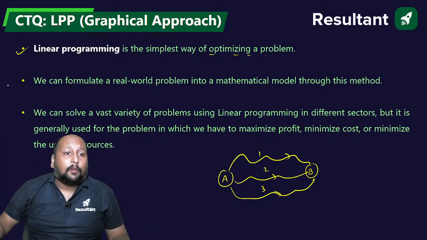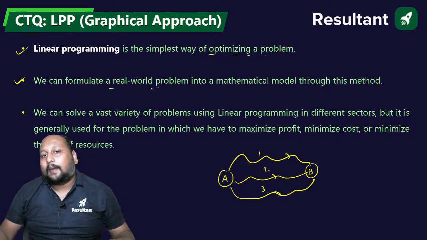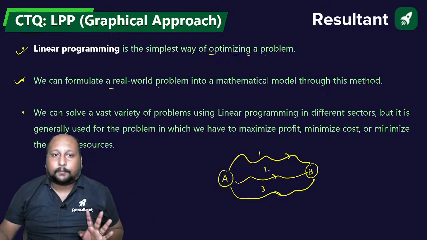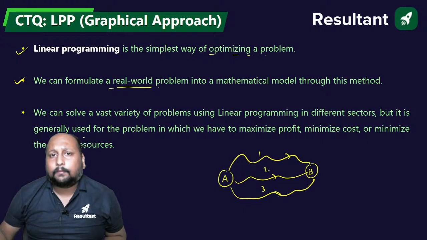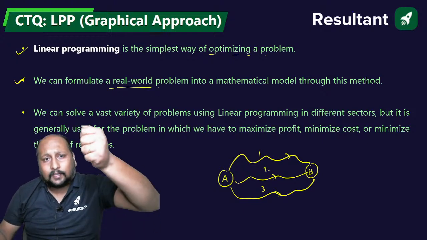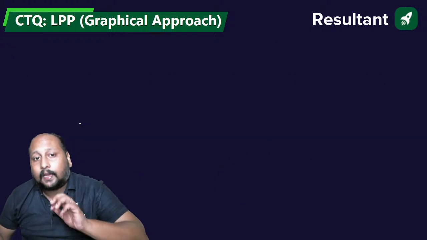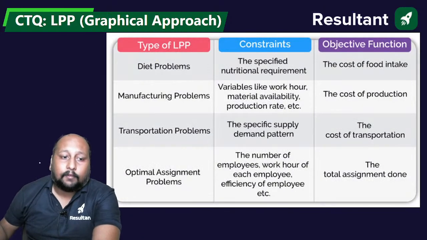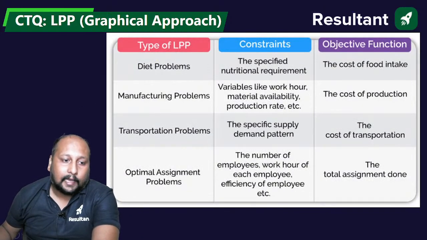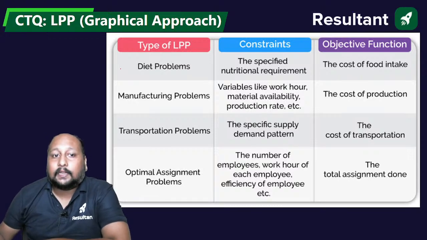Okay, chalo. We can formulate a real world problem into a mathematical model by using this method. What real challenges are we having? The first one is the transportation problem, which I just told you about, so we can use the LPP method. Then the diet problem.